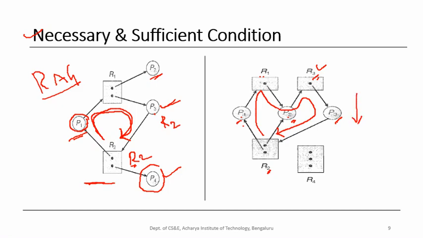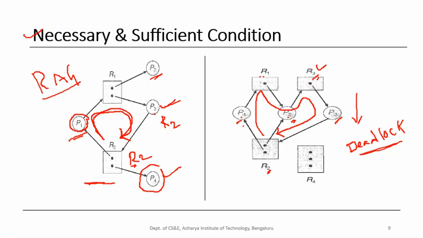So we can say that there is a cycle, and this cycle is a necessary and sufficient condition for deadlock to occur. I hope you understood this. Just the mere existence of a cycle will not guarantee deadlock, but it could lead to deadlock.